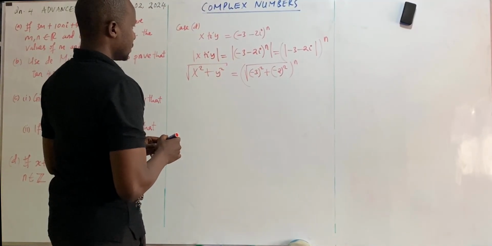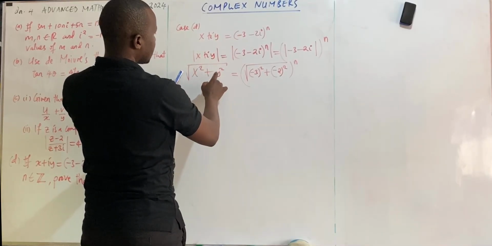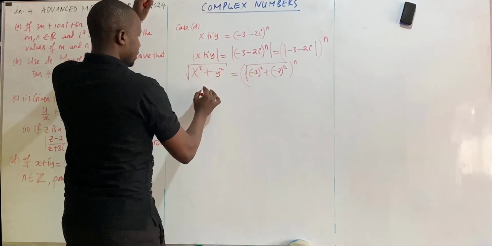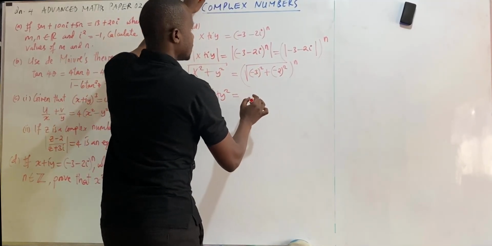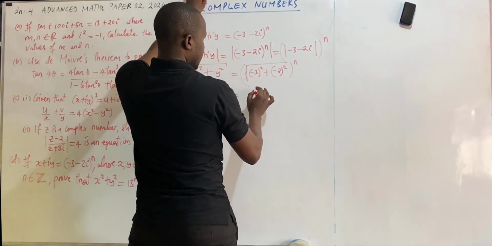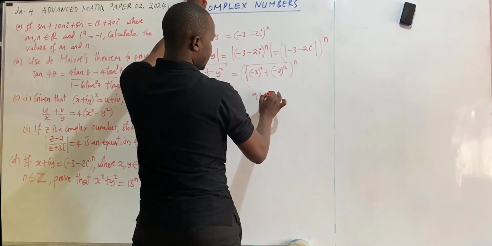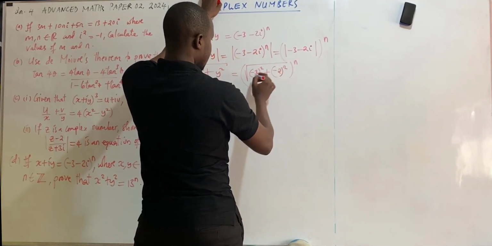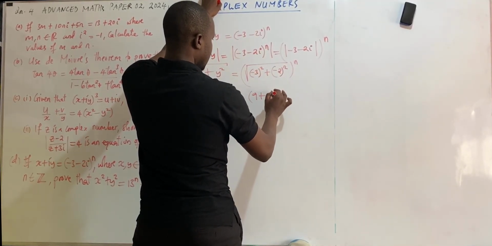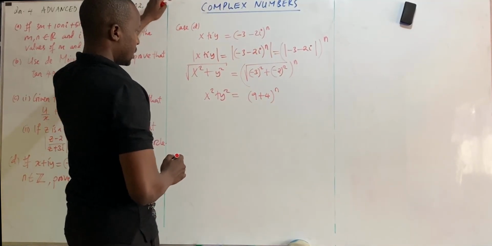So from there, if we square both sides to cancel out the square roots, there remains x² + y² equal to what? Here it will be 9 + 4, but that square is cancelled with this one, so we end up getting n here.